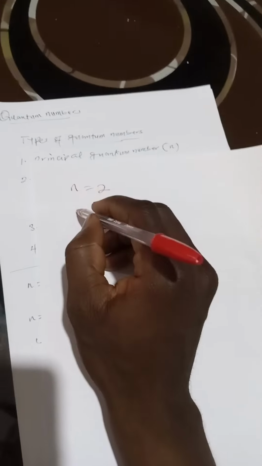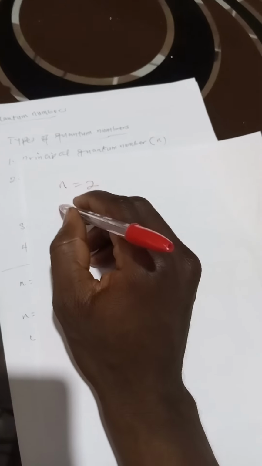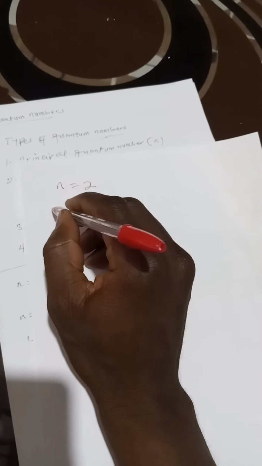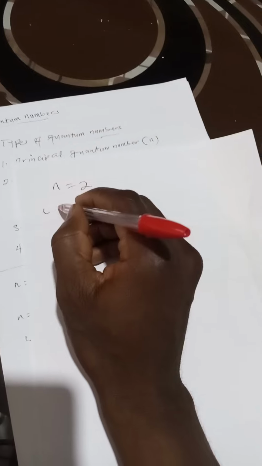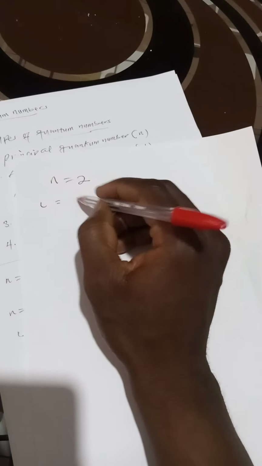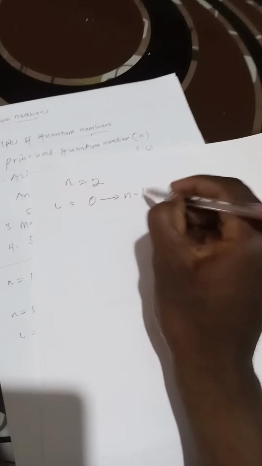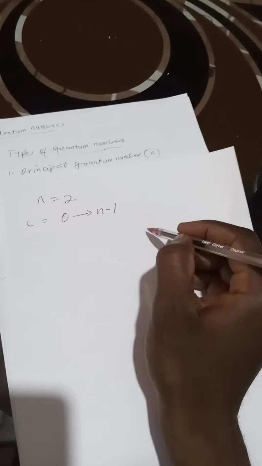Since the l value depends on the principal quantum number, let's get the values of l. We use this relation: l is a number less than the principal quantum number, starting from 0, so l is 0 to n minus 1.